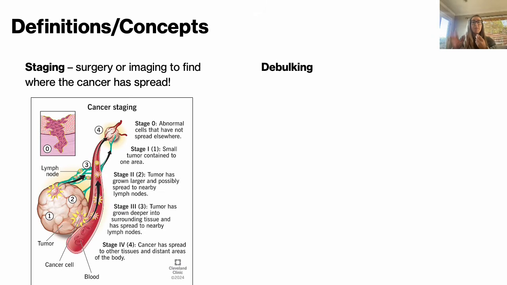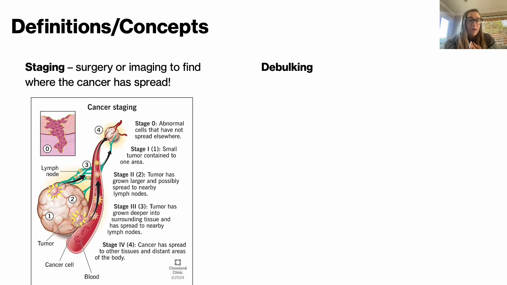So staging versus debulking is a really important concept that I feel like we don't go over in the beginning. A staging surgery is surgery or imaging to find where the cancer has spread. That is simply mapping how far the cancer has spread.